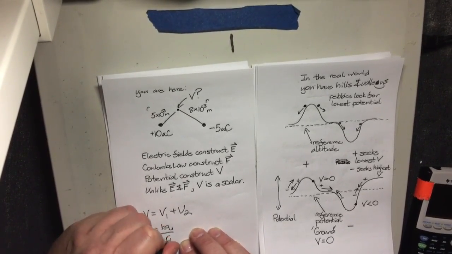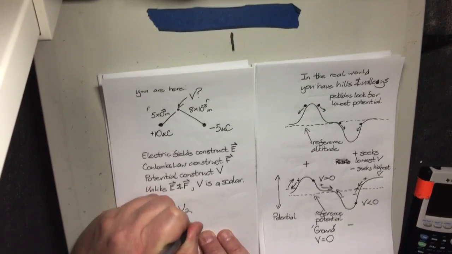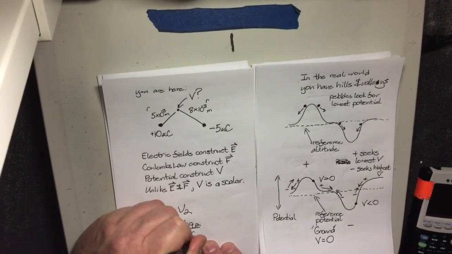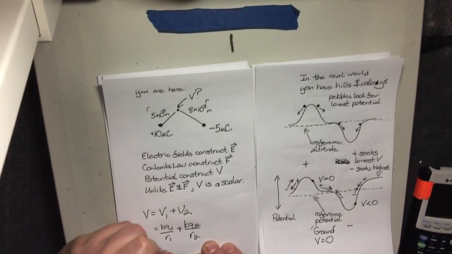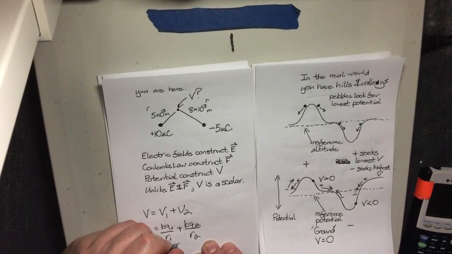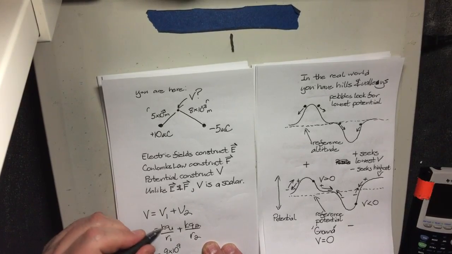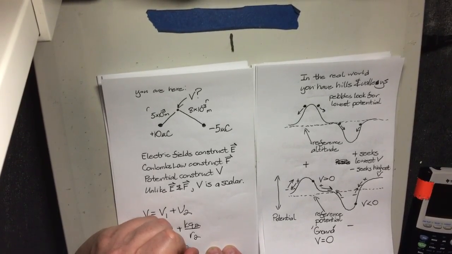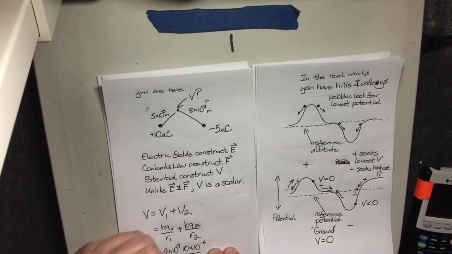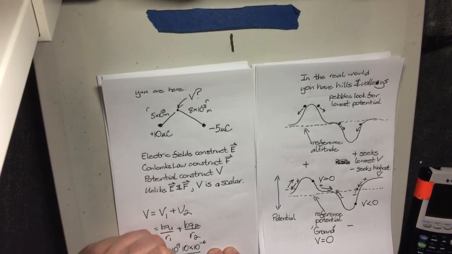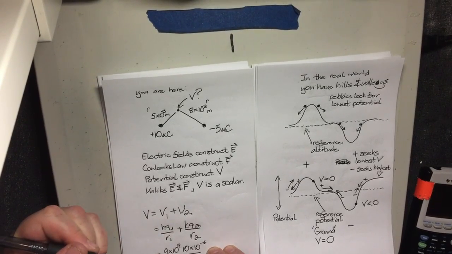KQ1 over R1 plus KQ2 over R2. 9 times 10 to the 9th, Q1 10 times 10 to the negative 6 over 5 times 10 to the negative 3.